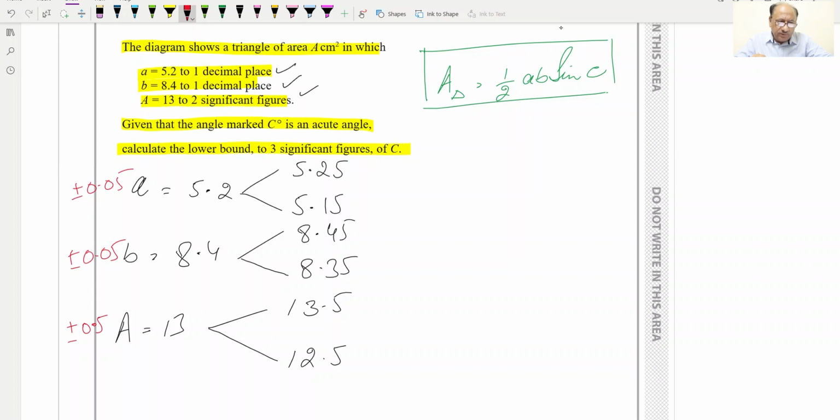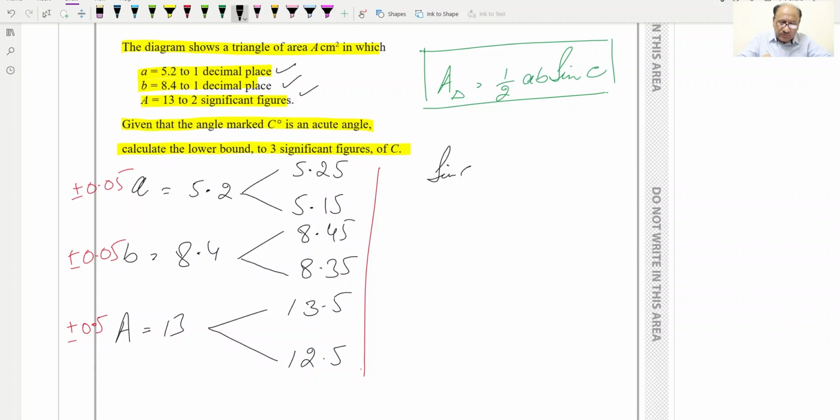Now after this, we'll be using this formula which we have already written, and what we need to understand now is we are targeting the C value. To find the C value, we will make C the subject.